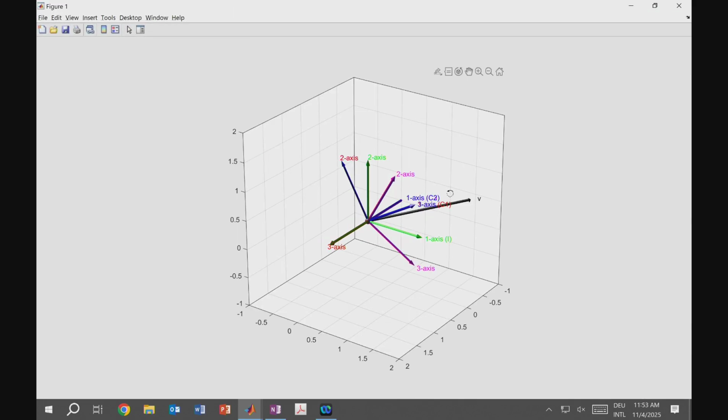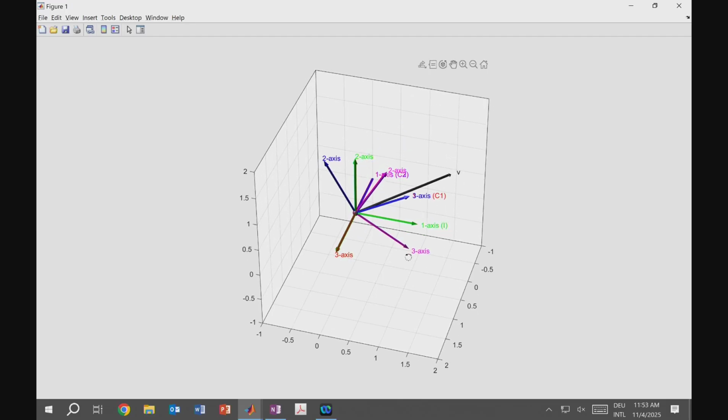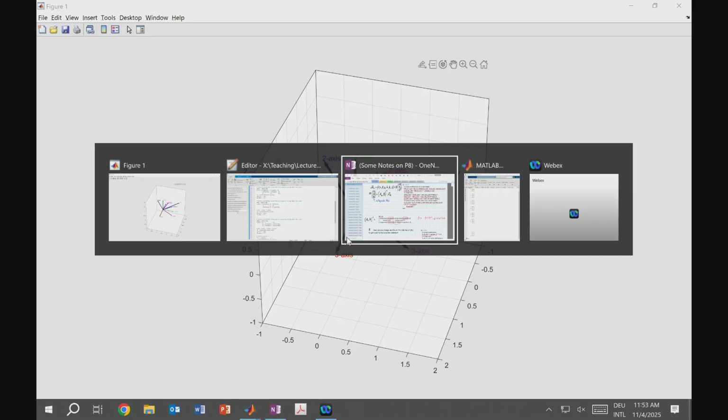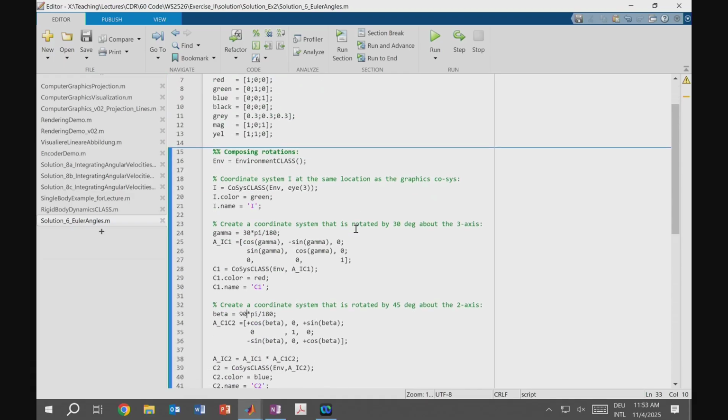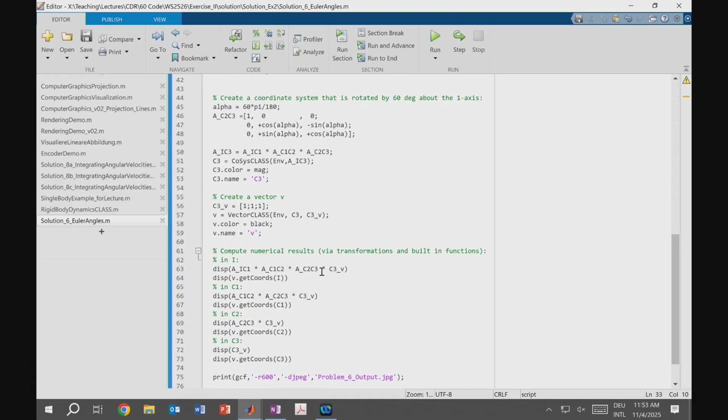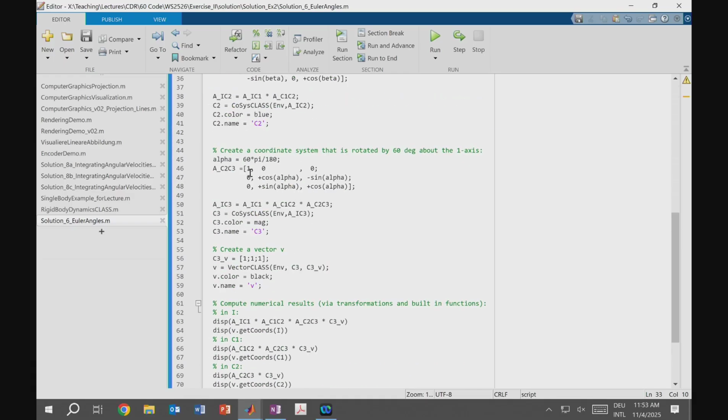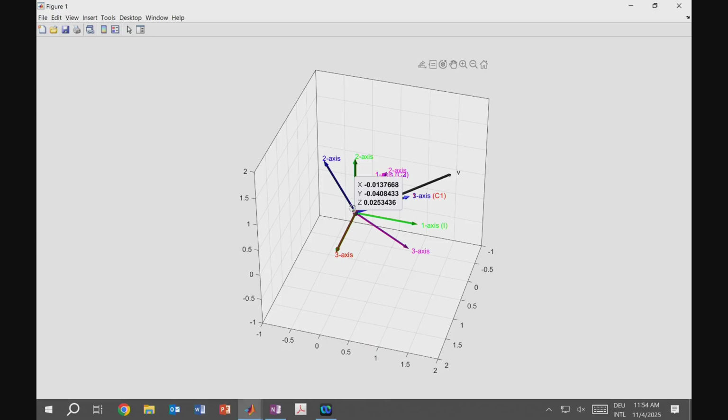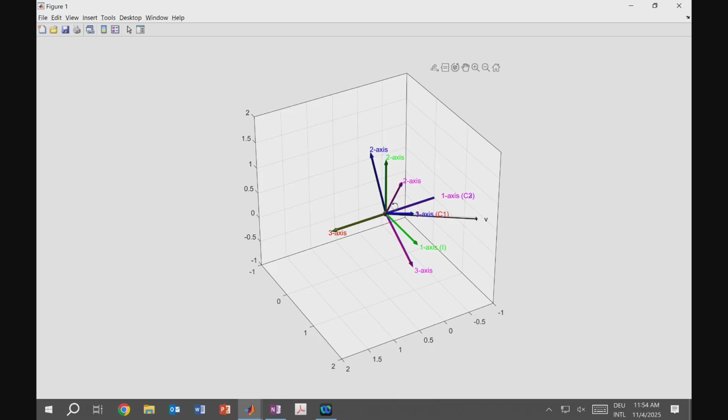So my first rotation between green and red is about, what was it? The 3-axis. Oh, sorry, I should read this backwards. About the 1-axis. Then I get the magenta coordinate system here.